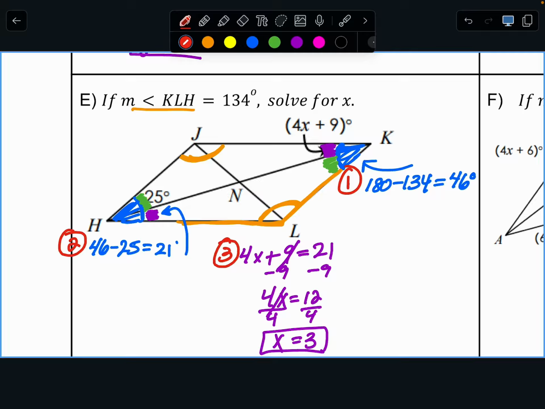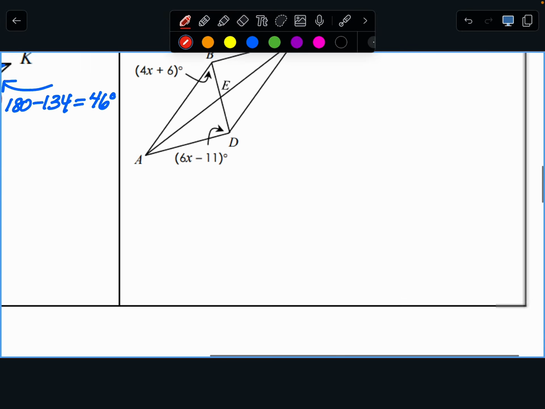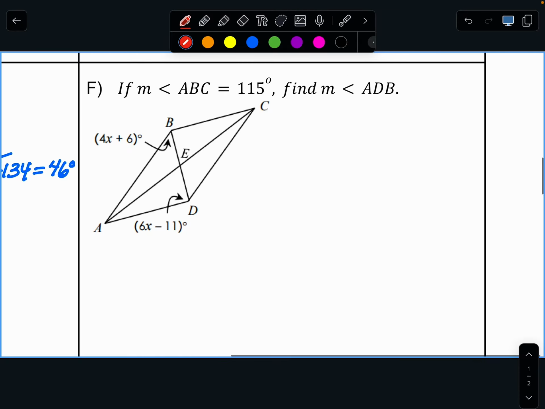Okay, last one. So ABC, that's this big angle, is 115. You have to recognize that this piece and this piece are the same, and then this piece and this piece are the same.